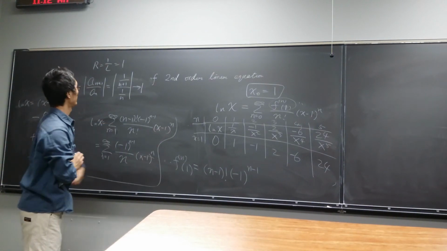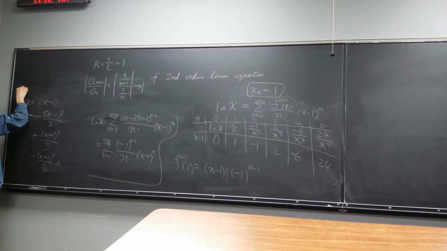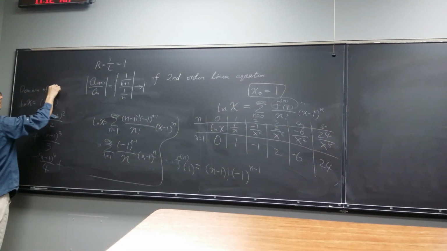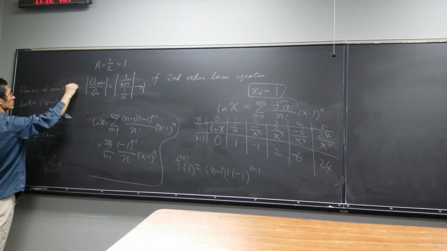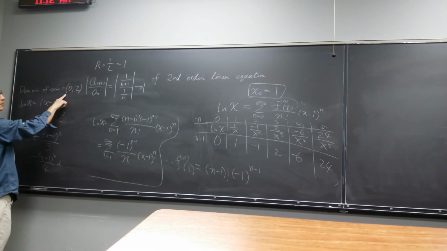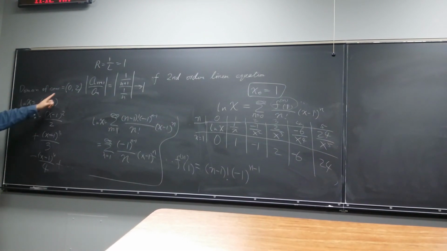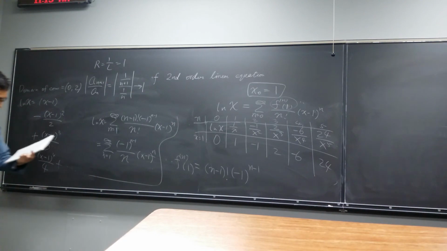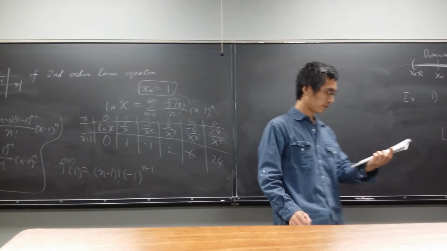Center is 1. So the domain of convergence for this series equals from 0 to 2, because it's centered at 1, 1 minus 1, 1 plus 1. Right? And if you are curious, you can check what's going on at these 2 endpoints, but if you just leave it like that, it's also fine. Okay, and that's it for today. We'll continue next time.